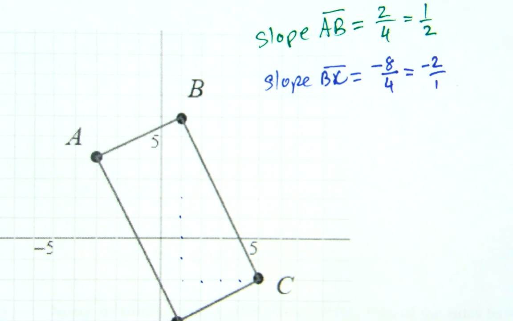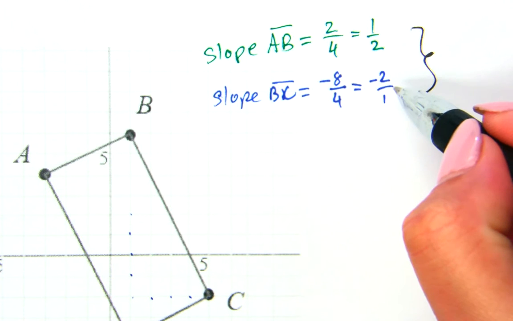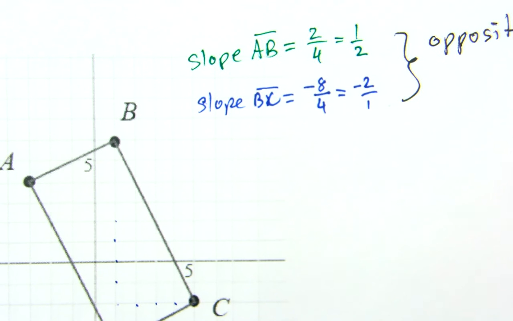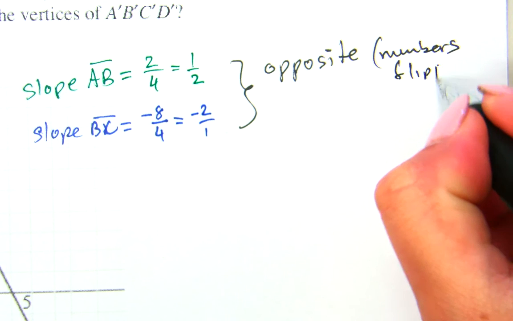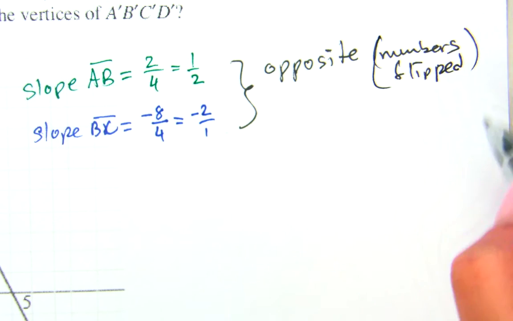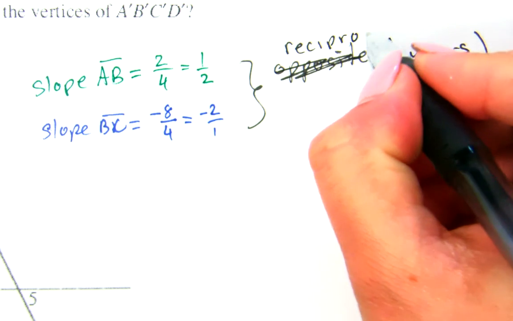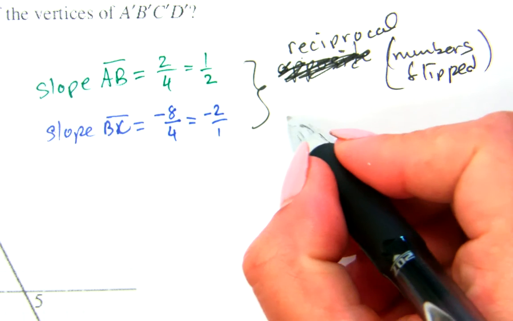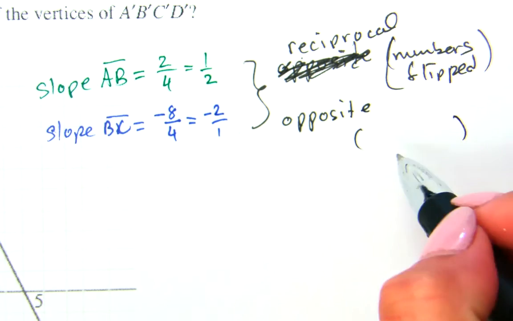Okay, so these 2 slopes are opposite and reciprocal of each other. Reciprocal being the numbers flipped, and opposite being that the signs are different.